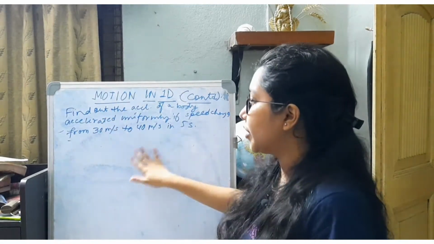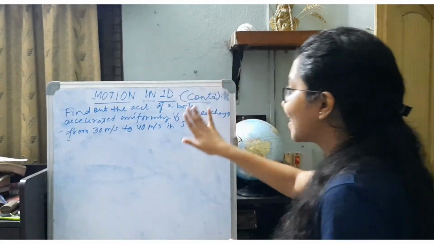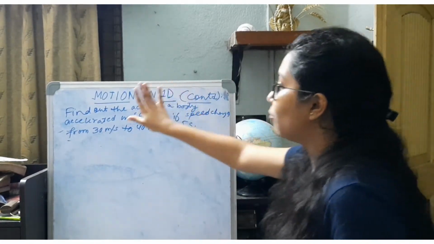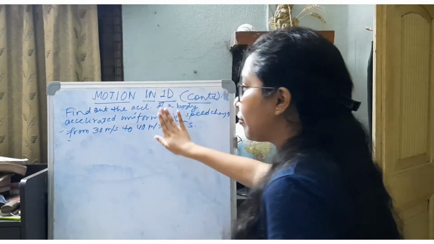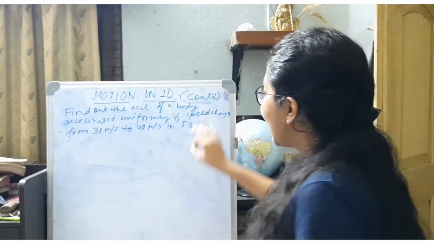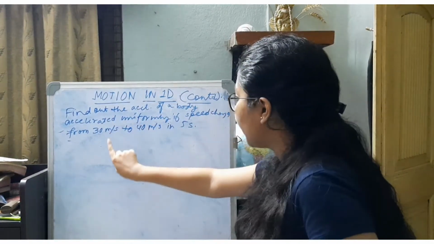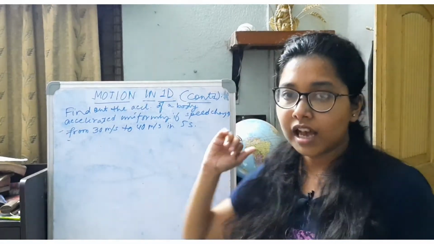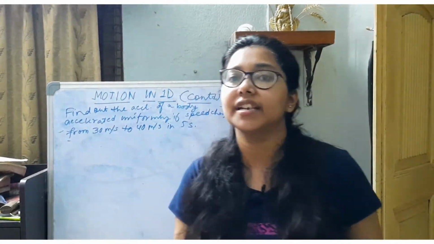The first question is, find out the acceleration of a body accelerated uniformly. The moment I state accelerated uniformly, that means these three equations can be used. If the speed changes from 30 meter per second to 40 meter per second in 5 seconds. So first question is a very beginner type of question.